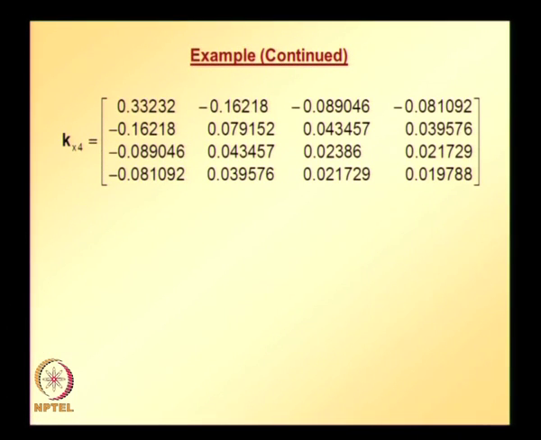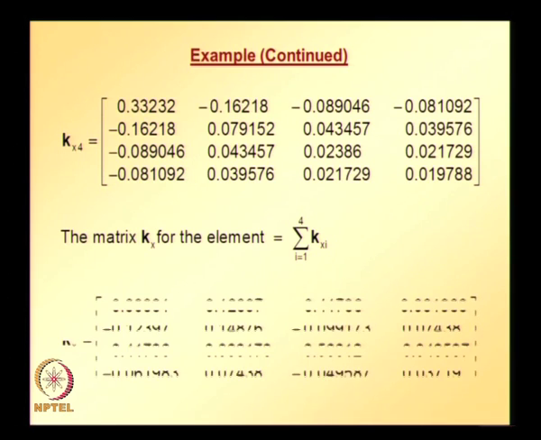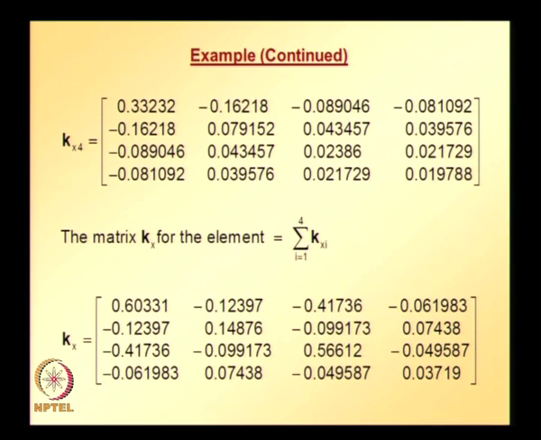Once we get the bx vector we can do kx times bx transpose times determinant of J. Once we do that we get the contribution from the fourth integration point to the stiffness matrix as this, and now we need to sum up all the contributions from the 4 integration points and we get the kx matrix as this. So this is how we can use Gaussian quadrature to evaluate this kx matrix. So this is how we can evaluate area integrals.